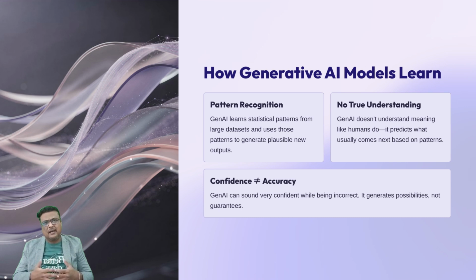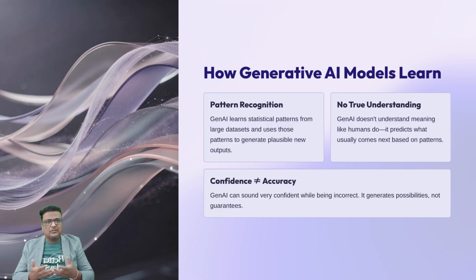Gen AI does not understand meaning like humans do. It understands patterns. It looks at what usually comes next in text, images, or data and predicts a reasonable next piece. Think of it like autocomplete on your phone, but extremely advanced. Your phone suggests the next word based on patterns. Gen AI does the same thing, but with massive amounts of data and far more complexity.